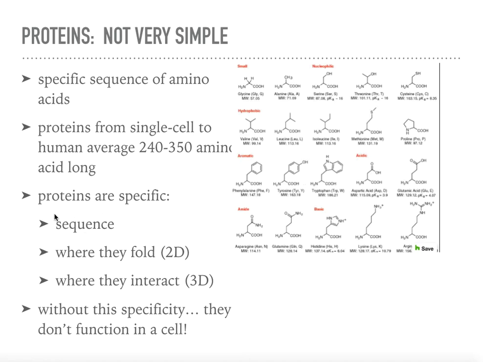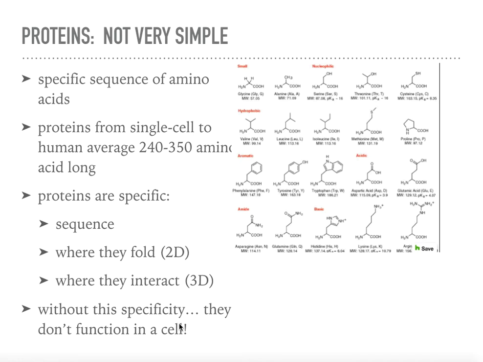Not only are they specific in a sequence, they're specific in the way they fold upon each other. So you might have 1, 2, 3, 4, 5, 6, 7, 8, 9, 10, and then it folds, 1, 2, 3, 4, 5, 6, 7, 8, and then it folds. Where they fold is also very specific to its function. And then finally, the way this folded sequence of amino acids is folded in a three-dimensional way is also very specific to how each protein functions.